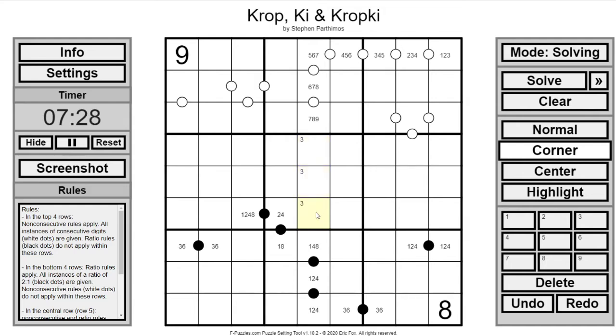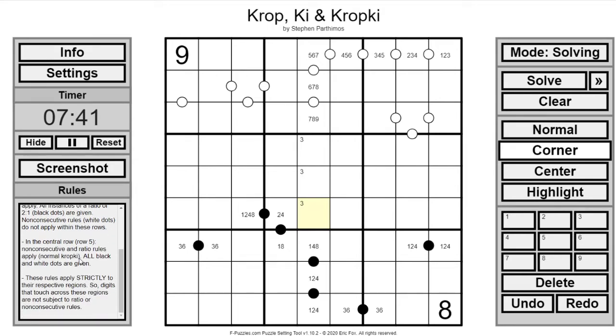A 3 here is impossible because... wait, is it? No, it's possible because we don't have the white dot rule down there. What was it about the middle row? Non-consecutive and ratio rules apply. So maybe the middle row is important, considering it has its own special thing. So nothing can be consecutive and nothing can be in a ratio.